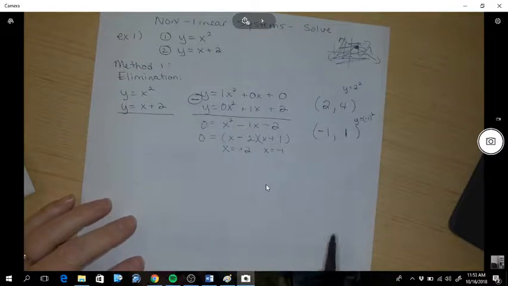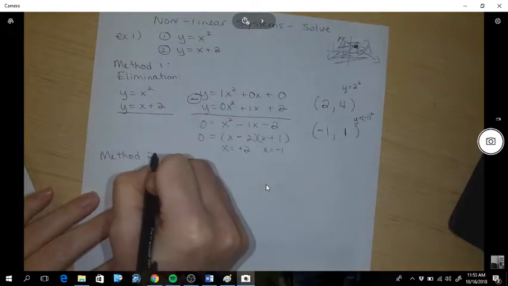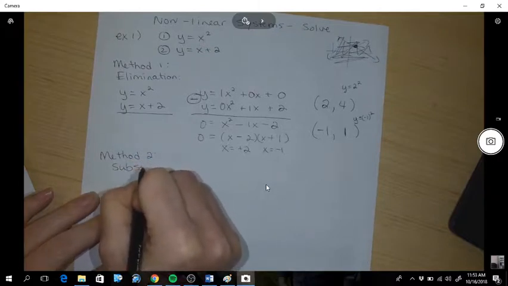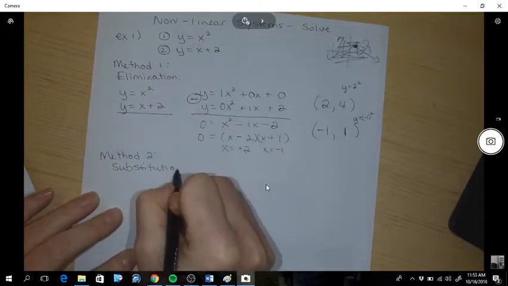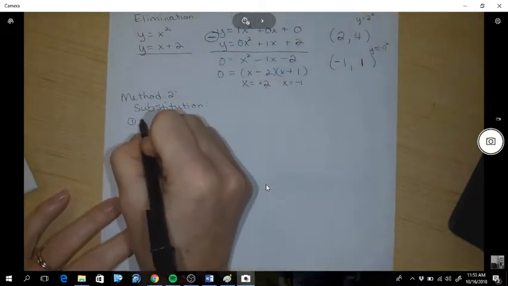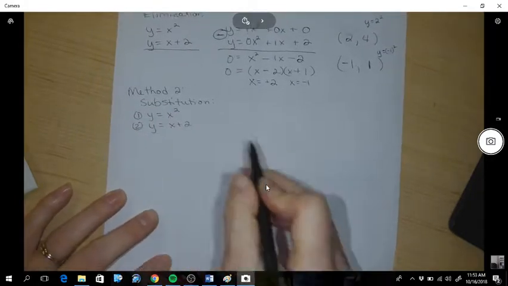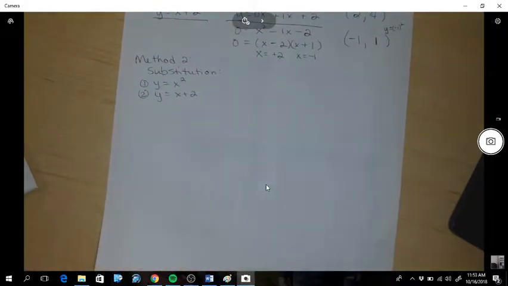Now, let's try this by substitution. Okay. I'm going to rewrite these so we can see them on the page. So you can substitute anything that's equivalent to one thing.